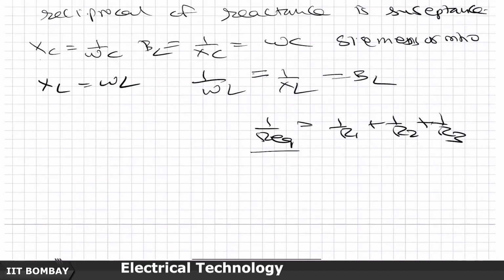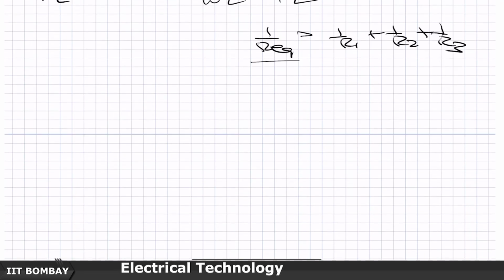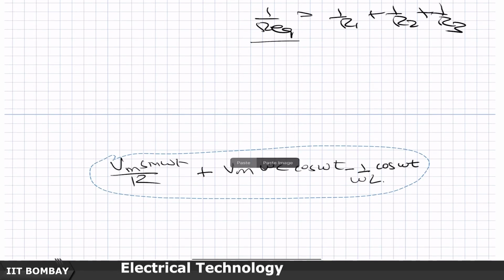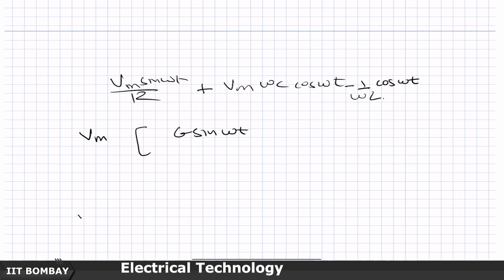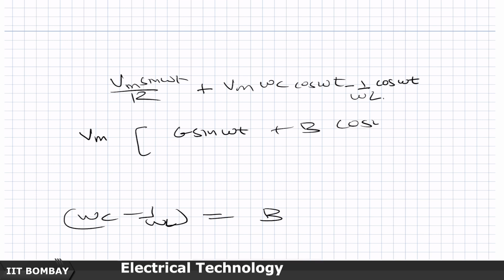And now this thing here, I am going to write as Vm into 1 by R, so simply as G sine of omega t, and by taking omega C minus 1 by omega L common, I am going to call this B, and I will write this as B times cos of omega t.